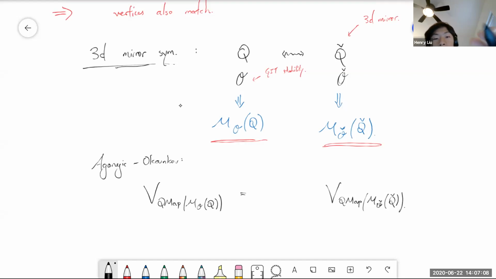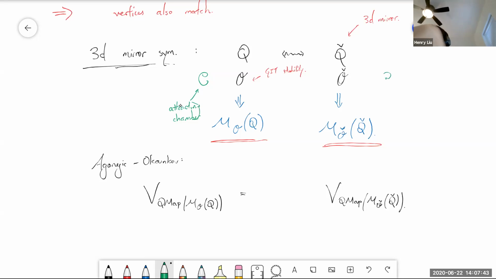On these Nakajima quiver varieties, there is an action by a torus, and you can pick a certain chamber for that torus, and this chamber is a choice of which directions you call attracting for that torus, and which other directions you call repelling.